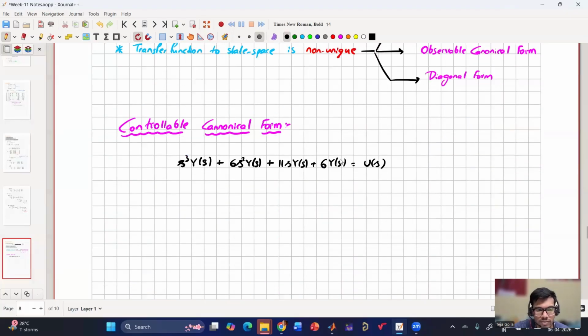So this is what we have obtained. Now we can convert it into time domain. So s cube will be y triple dot, plus 6 into y double dot plus 11 into y dot plus 6 into y equals u of t.